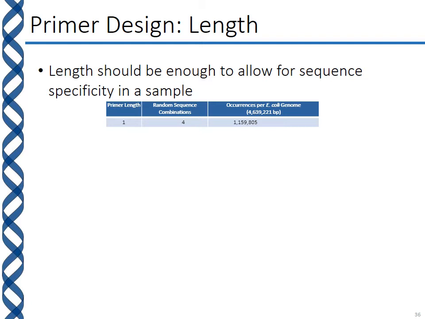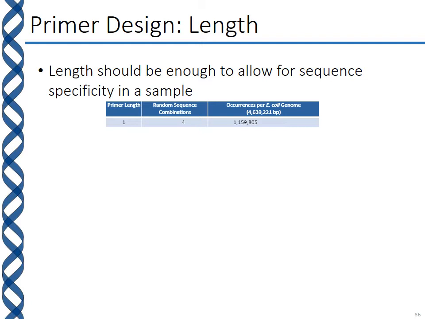So the frequency at which any given nucleotide in this case would occur would be the entire length of the genome, which is the 4.6 megabase pairs that you see on there, divided by the number of combinations, which in this case is 4.